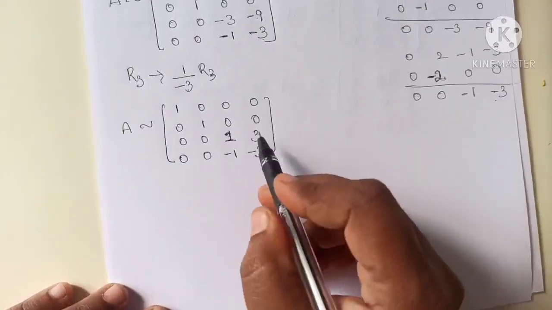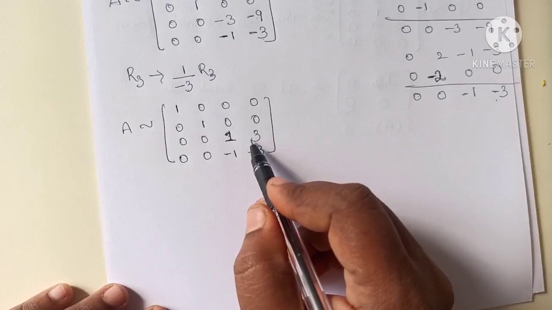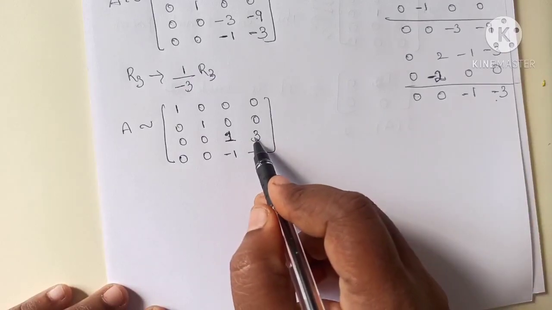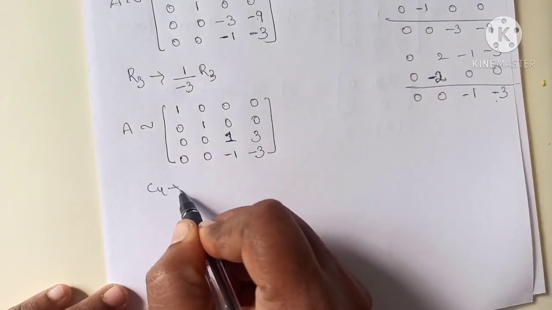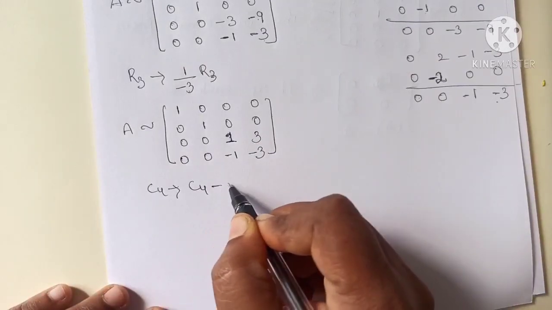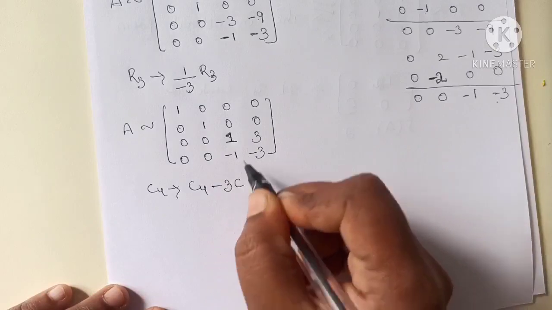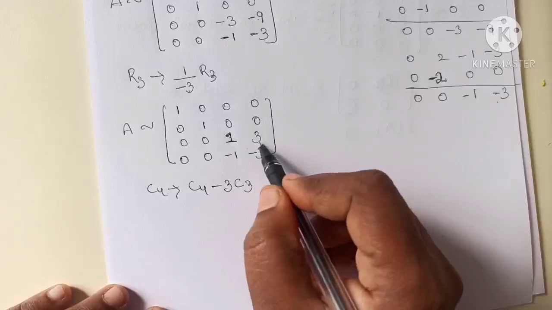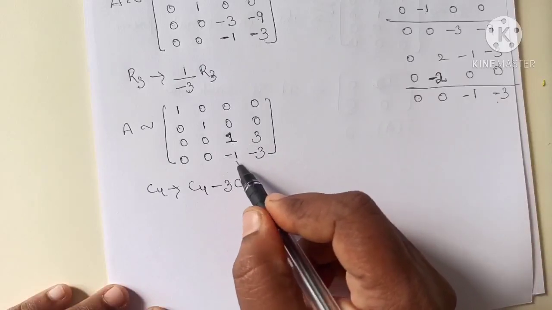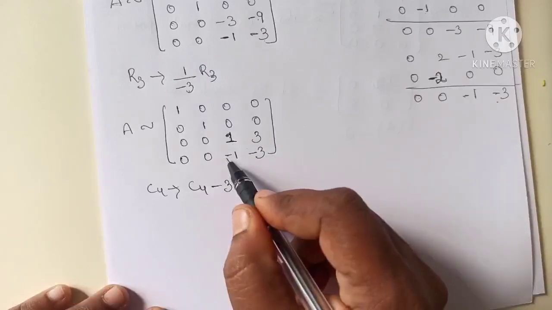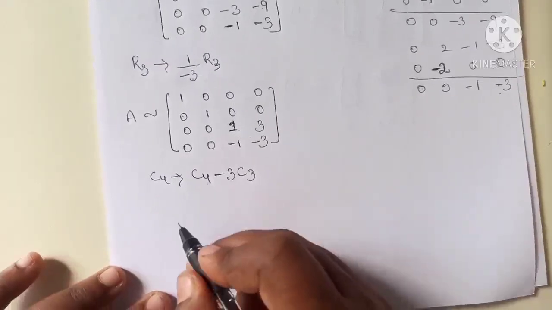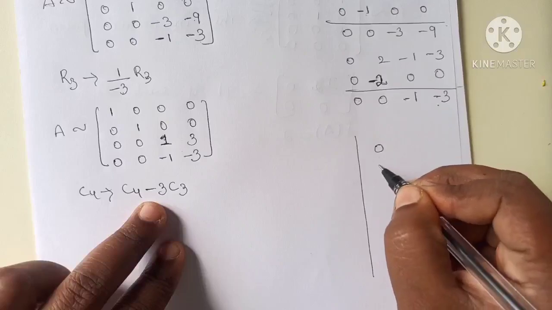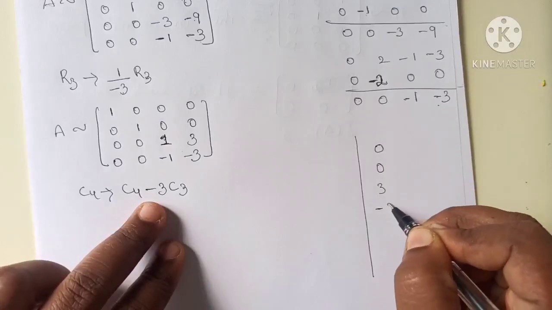Now we apply a column operation here, because if I apply C4 equals C4 minus 3 into C3, then it becomes 1 into 3 equals 3 minus 3 equals 0. Even this one also, minus into minus becomes plus, plus 3 minus 3 gets cancelled. So C4 elements are 0, 0, 3, minus 3.